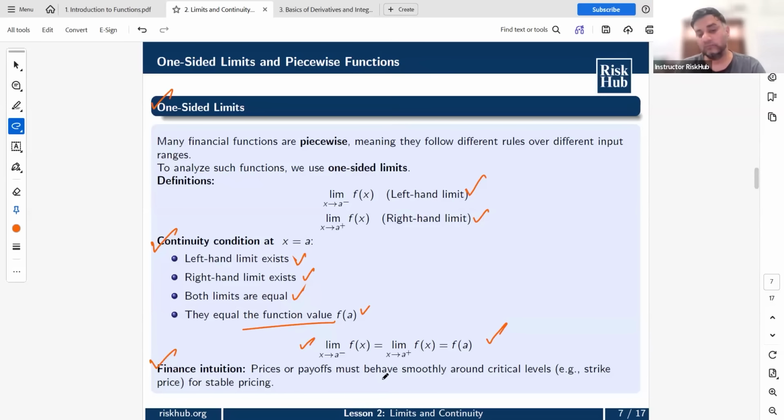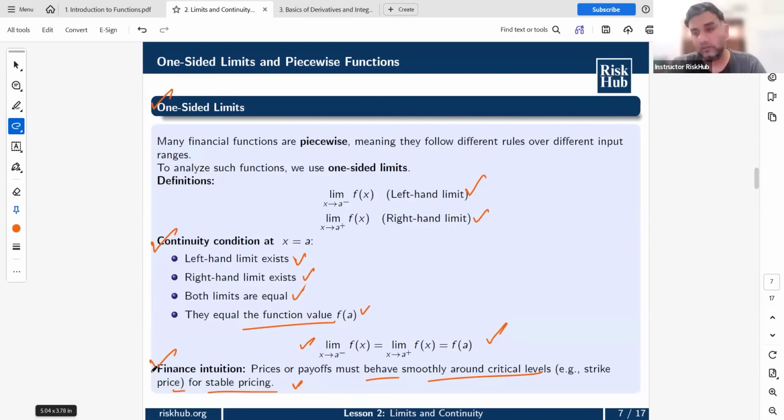Price or payoff must behave smoothly around critical values like the strike price for stable pricing, and that is why one-sided limits work great. Sometimes you have a limitation that has to be honored, and that can't be honored in the two-sided limit. It can only be honored in the one-sided limit, and that's why it helps.